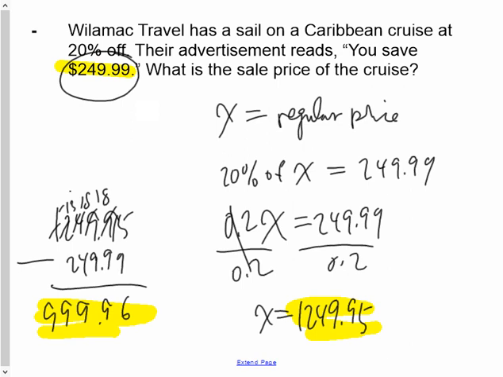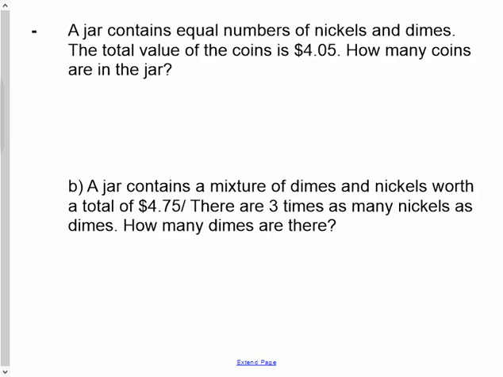$999.96. And your next question says a jar contains equal amounts of nickels and dimes. The total value of coins is $4.05. How many coins are in the jar? So X is going to equal the number of dimes or nickels. It doesn't matter.